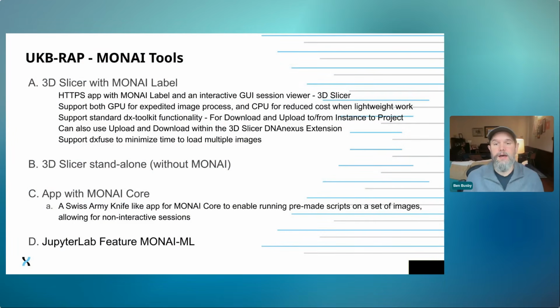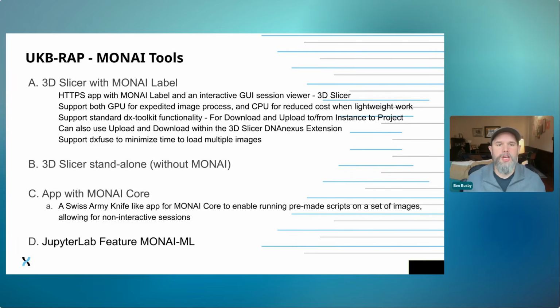That said, I want to dive into a second lightning talk, really diving into actual use of Monai tools on the RAP. I'd really like to thank my colleagues at DNA Nexus for providing these slides and echoing the growing footprint of image analysis on the RAP, which is something I'm personally very excited about.